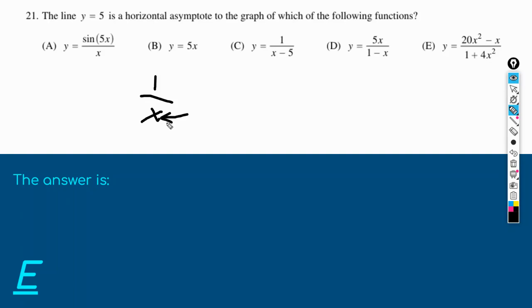Therefore, this will go to 0. This is the same thing for something like x squared over x cubed plus 5. X cubed will grow greater than x squared. So as we go to infinity or negative infinity, this will go to 0 because the denominator is growing quicker than the numerator.